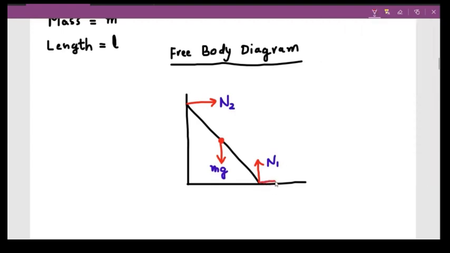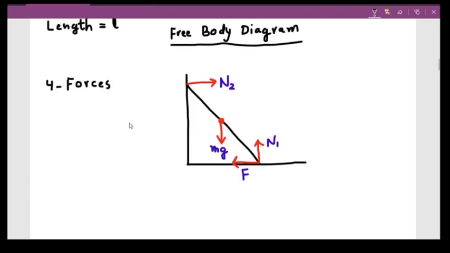Now this ladder will have a tendency to slip in this direction, so the frictional force will act on the ladder in the opposite direction, which we're calling F. So there are four forces in total acting on this ladder.